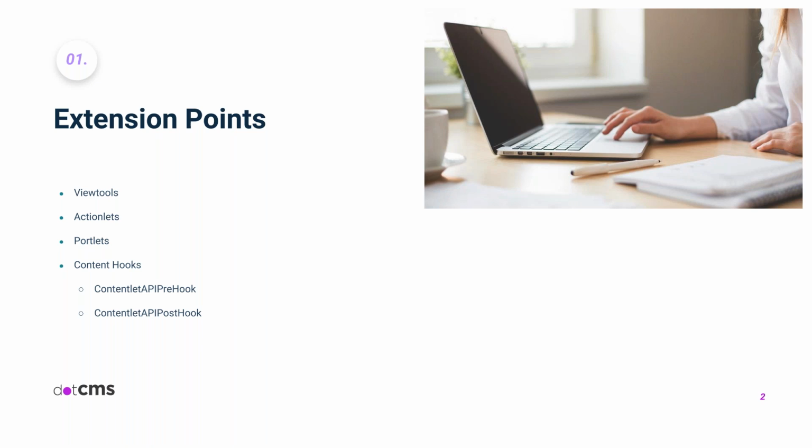Just to be clear, they are the main things that Java developers use to customize, but there are more things that you might find in the dotCMS documentation that you can extend. And if the time is good, we might see some others. So let's begin.